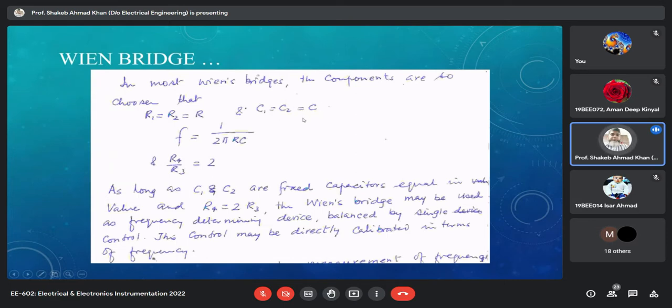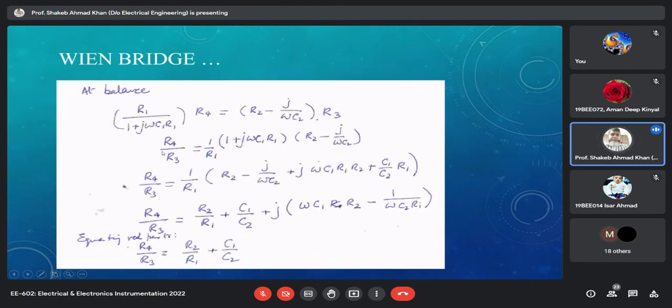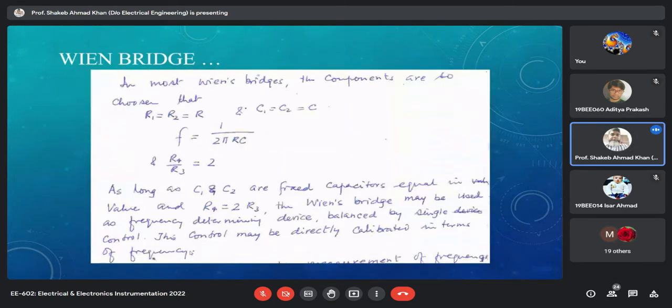So the balance equation, the frequency formula, will be reduced to this, and this equation which we got after equating real parts will become equal to this. R4 by R3 will be equal to 2.